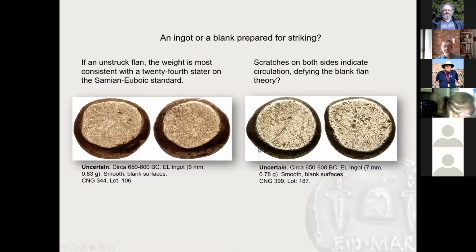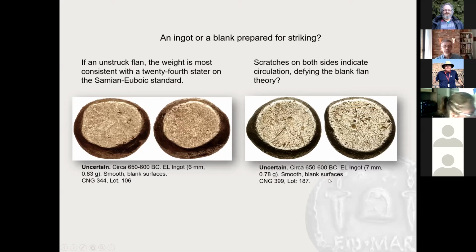And I asked this question here, defying the blank flan theory: was it in circulation the way it was? We will never know. But these scratches simply tell us that it was in circulation for quite a long time.